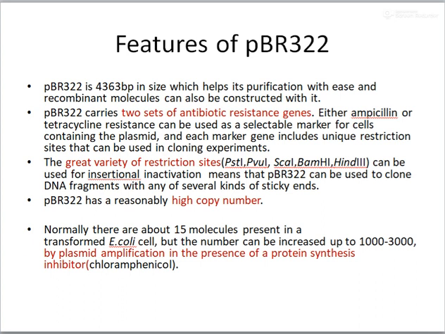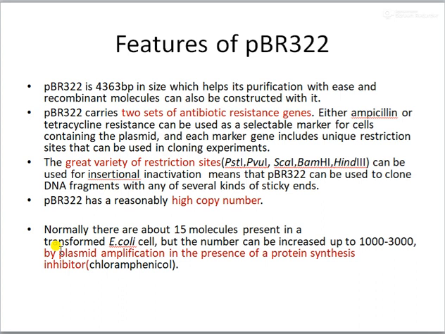Normally, in a transformed E. coli there are about 15 plasmid molecules. That is, once E. coli is transformed, plasmids of about 15 copy number could be present. And if you want a higher number of plasmids in E. coli, you can also give another antibiotic called chloramphenicol, which is a practical tip which I have included here.